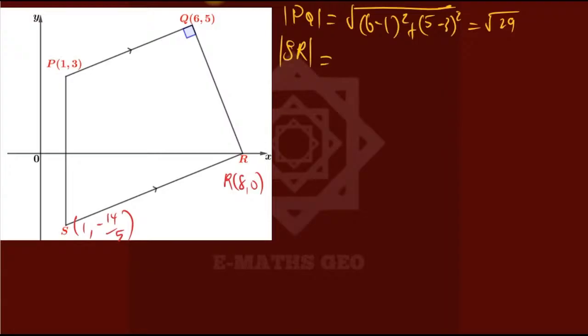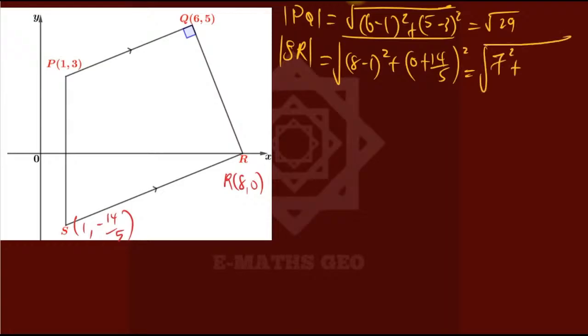SR, same thing, square root of 8 minus 1 squared plus 0 minus 14 over 5 all squared. And this is 7 squared, this is 14 over 5 plus 1. 14 is 7 times 2, so the square affects both. So I have 7 squared, 2 squared over 5 squared.